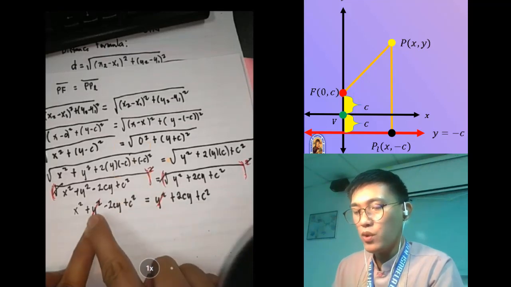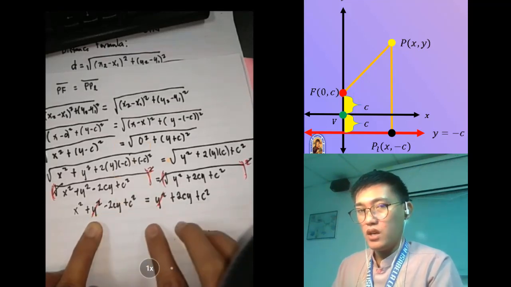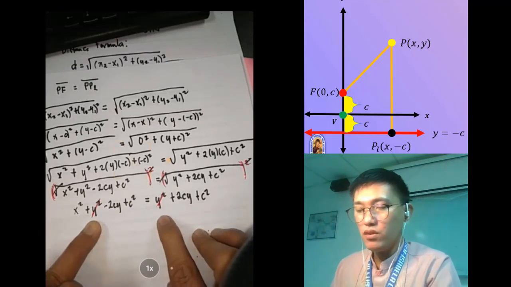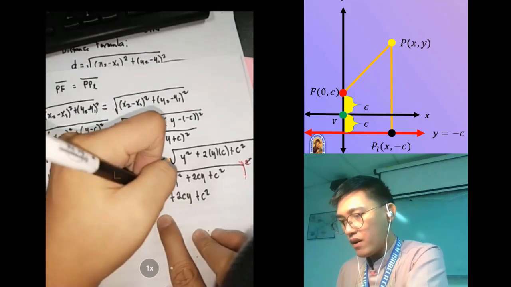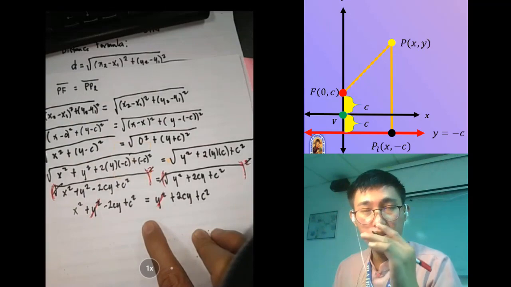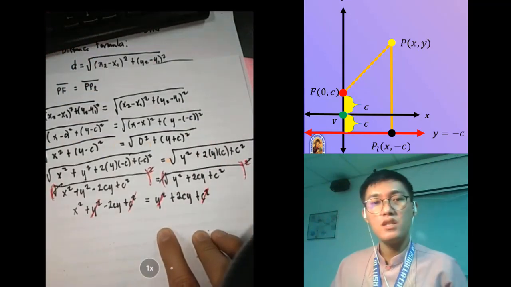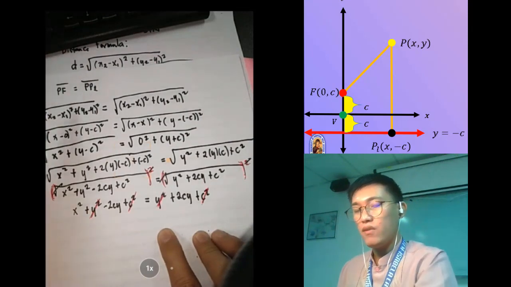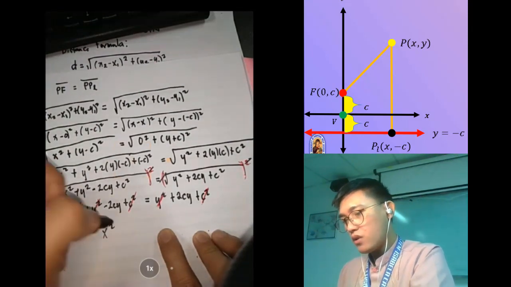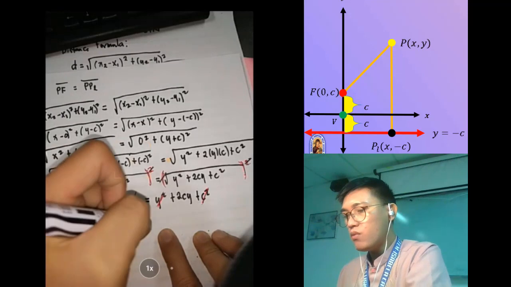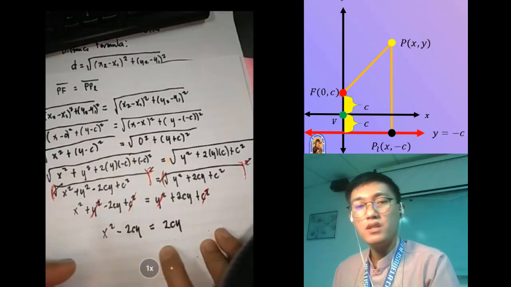So y squared minus y squared is 0. So if we don't move that, we can just cancel them out to save our time, and cancel c squared. Now we have remaining variables here: x squared minus 2cy is equal to 2cy.